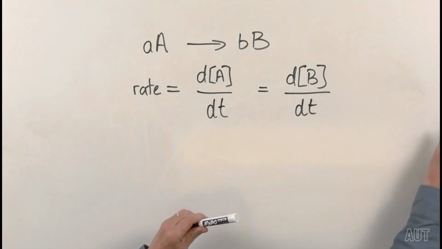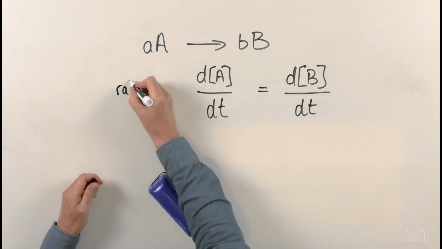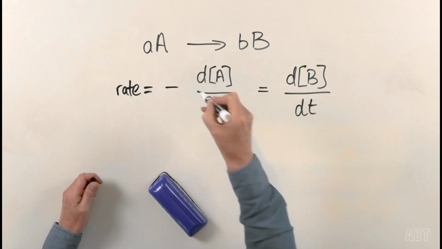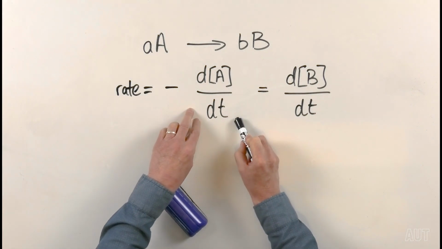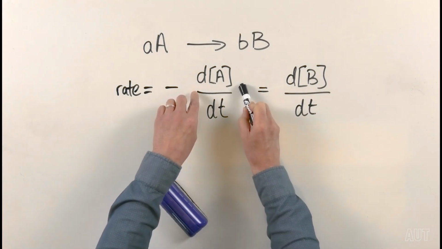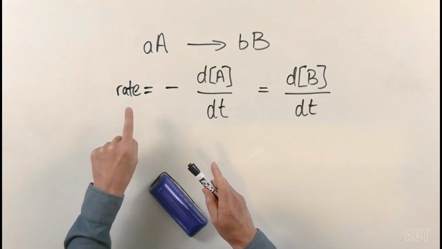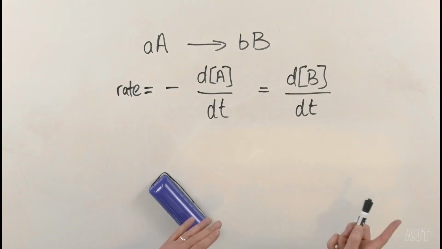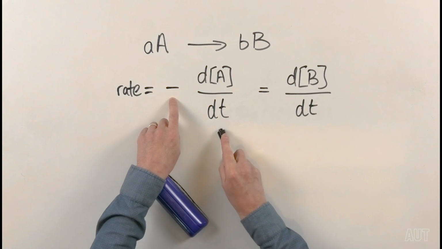So what we are going to need then is to take into account that fact. So rate is going to be equal to, we're going to need a negative sign in front of our rate of change of A versus time. Because the slope of that graph is always negative, we're going to put a negative out the front so that we get a positive rate. You can't have a negative rate. It doesn't make any sense. Okay? So we take our negative sign and we put that there.